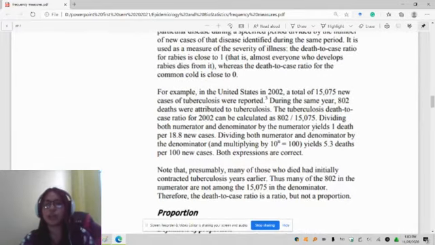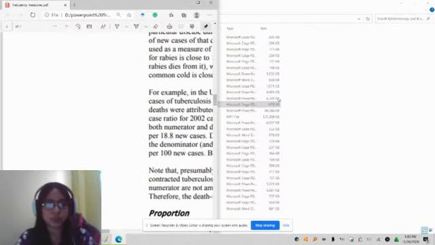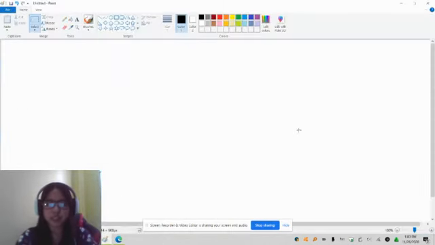So we have here the number of deaths and the number of the new cases of tuberculosis. What you need to do now is simply to divide the values. The number of deaths is 802. The number of new cases is 15,075. So just to show that in a separate, let's consider paint.